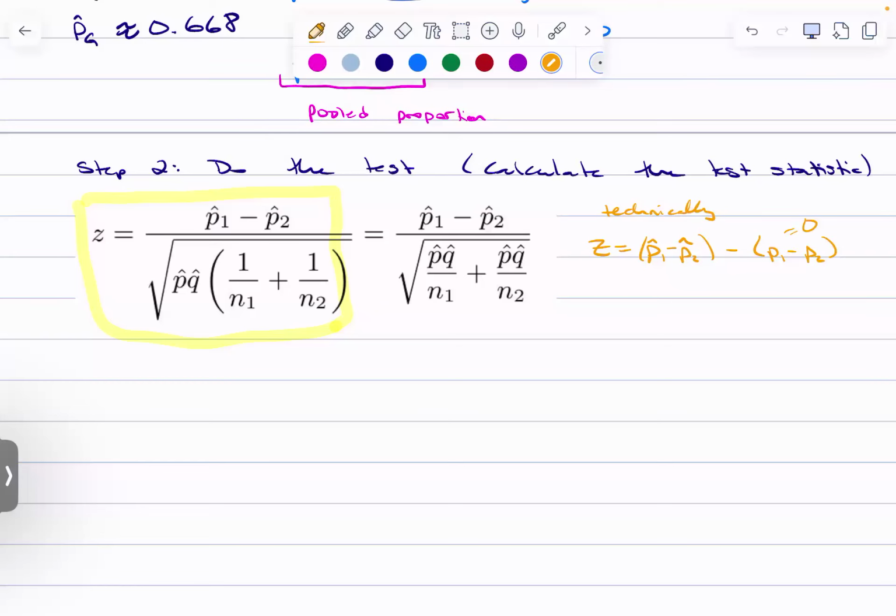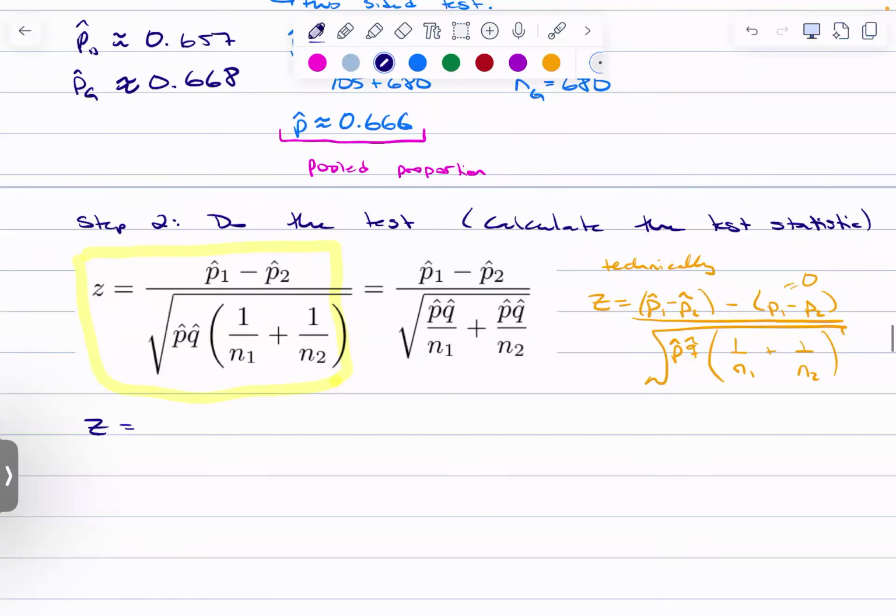But because this is always 0, it's going to go away, so we don't even bother writing it out. You don't need to know that, but that's where it's gone. So it does have the same structure of a point estimate: how far is it from my null hypothesized value, taking into account the spread from the null hypothesis.